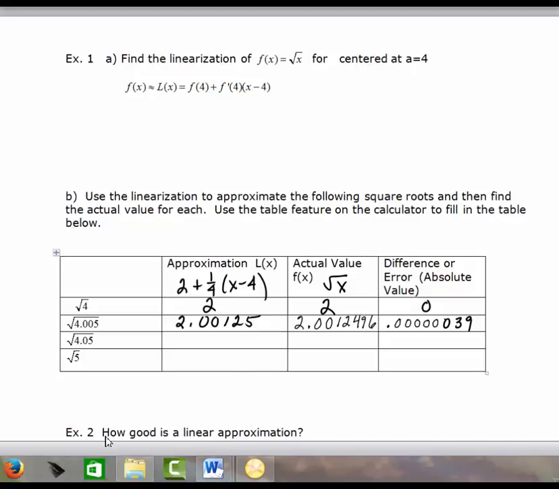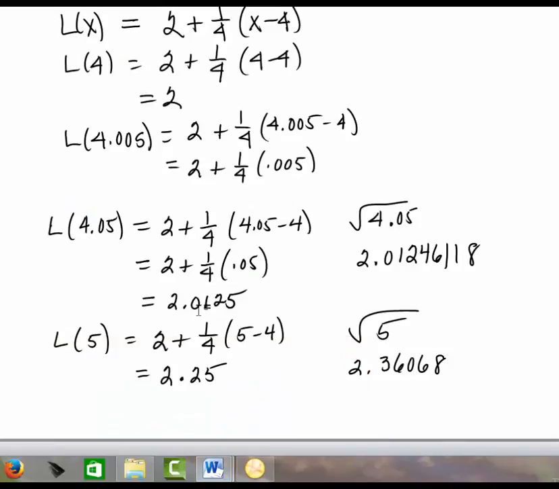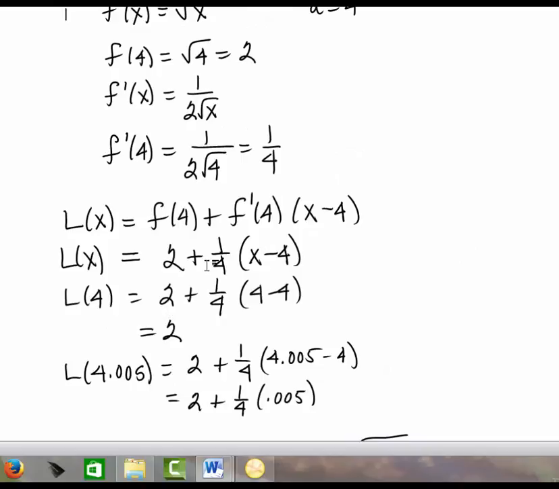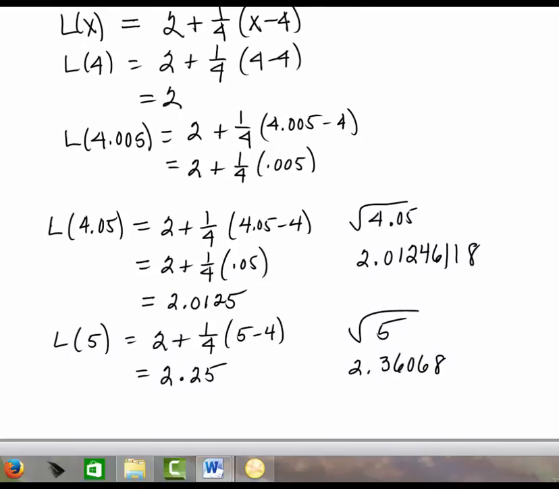All right, so plugging in both of the 4.05 and the 5 into our linearization. The linearization for 4.05, I got 2.0125, and for the actual square root of 4.05, I got 2.0124611.